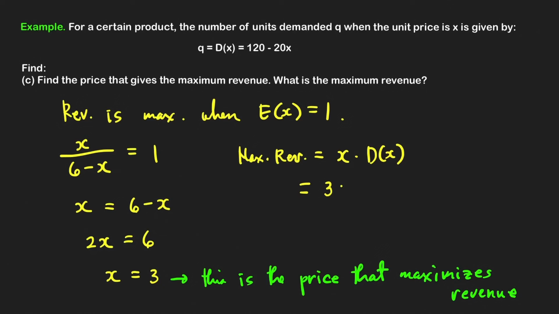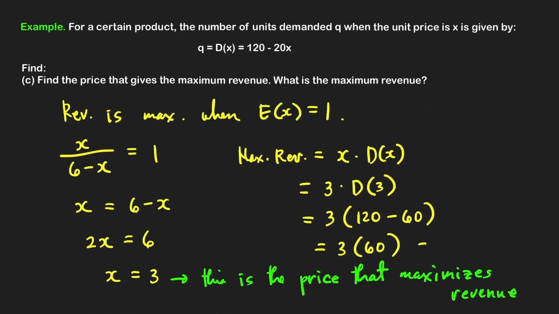So this is just 3 times D of 3. And D of 3 is 120 minus 20 times 3, so that is minus 60. That is equal to 3 times 60, which is equal to 180. So if the price is in dollars, then our maximum revenue is $180. And we can realize that maximum revenue if the unit price of our product is equal to $3 per unit.